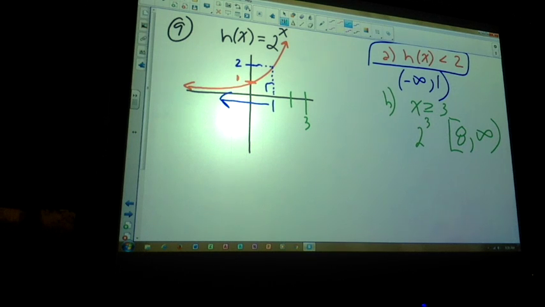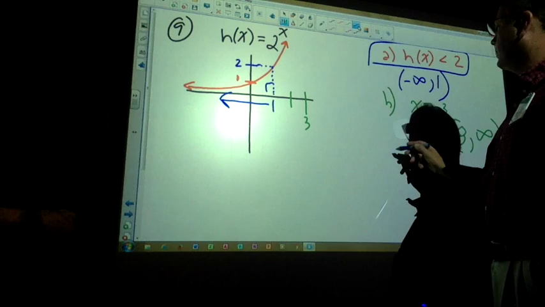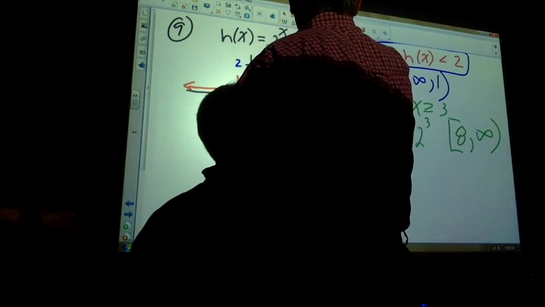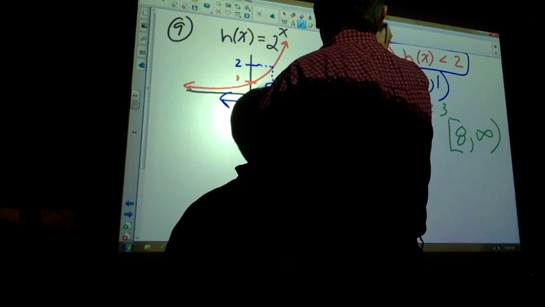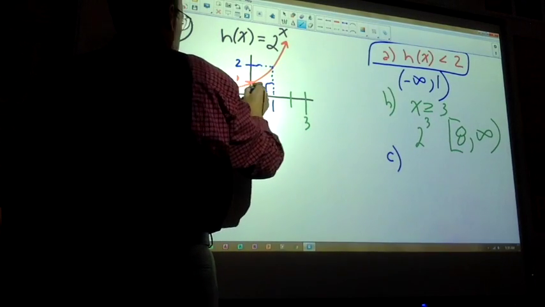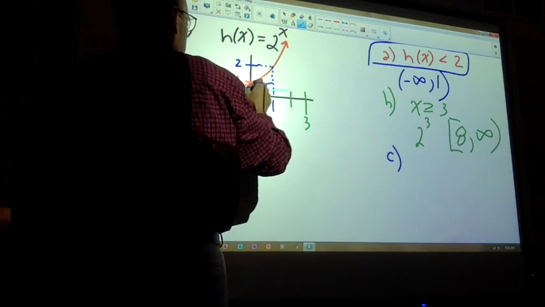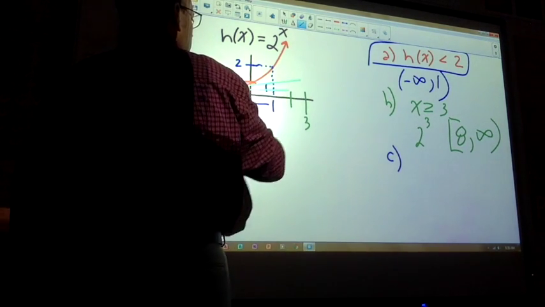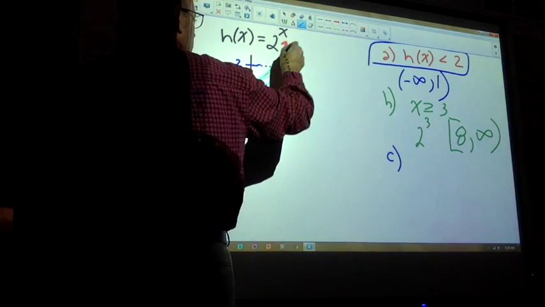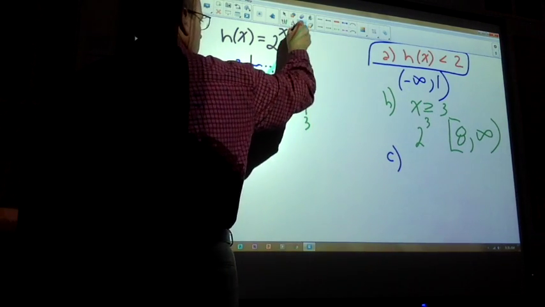Where does it appear this graph is increasing? So how this is going to work, I'm going to take this, go there, use an aqua. Increasing, increasing, increasing, increasing, increasing.